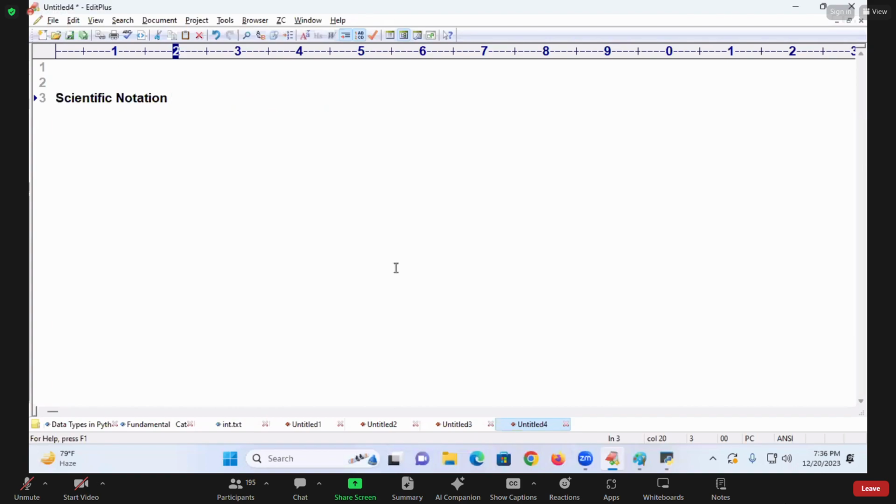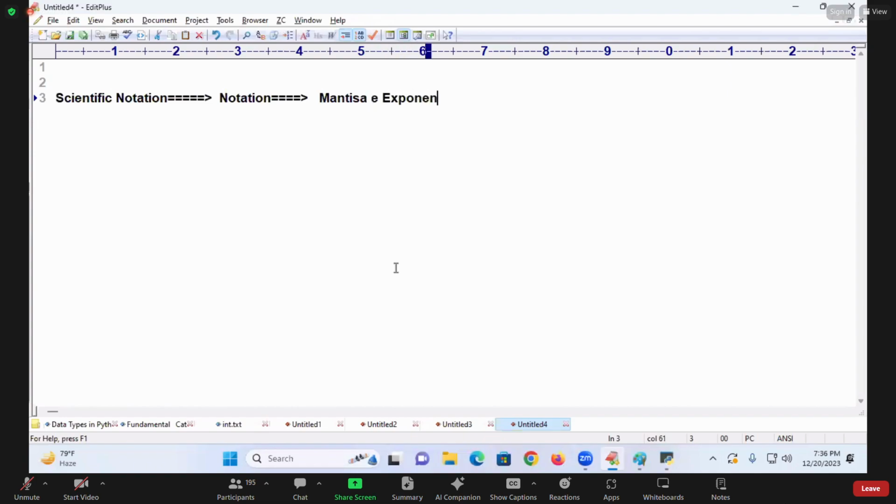The notation of scientific notation is mantissa. Have you heard about mantissa? Then E, exponent.